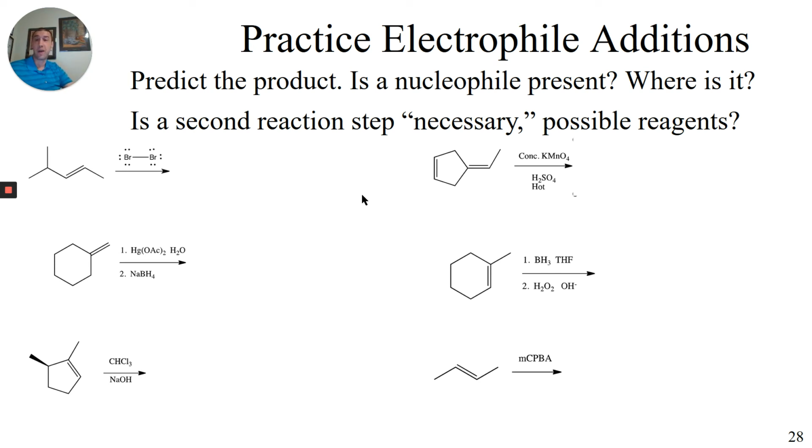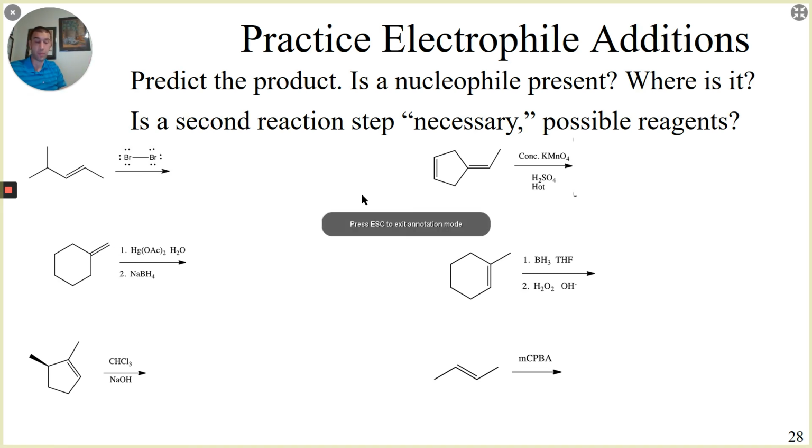Okay, so again, here we go. We want to identify these individual pieces. What I will do is walk you through right now, identifying your nucleophile, where it is, and addressing, do we have to be concerned about regiochemistry? And then what I will ask you to do is solve out some of the other ones. And once you solve one through a little quiz question, we'll pop up the rest of the answers. So, nucleophile present?